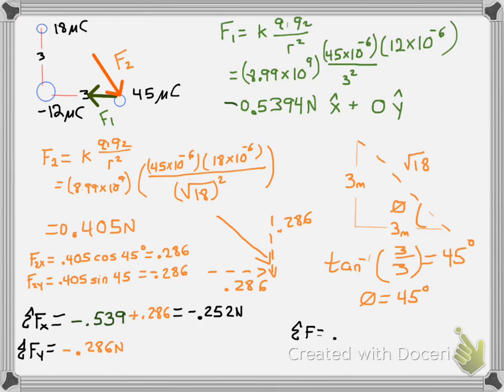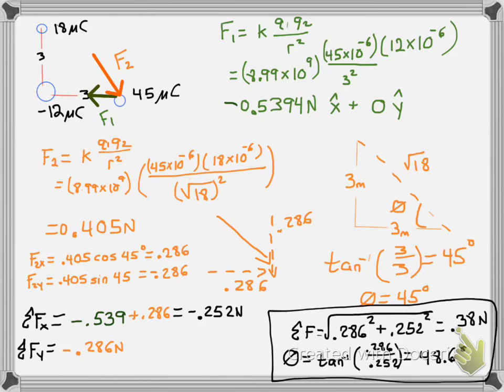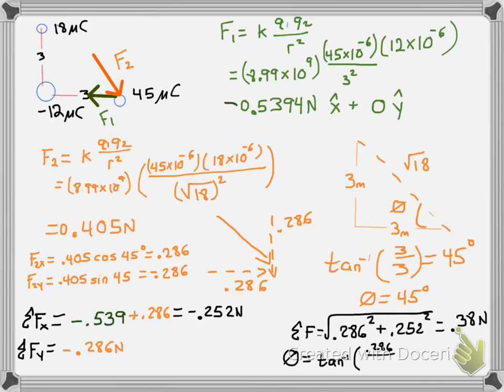And then to find the net force, we do the Pythagorean theorem, and that gives us 0.38. And then, a little backwards here, to find the angle, because we want to find the force and the angle, we take the tangent of the opposite, which is the y component, divided by the adjacent, which is the x, and then we get our angle, which ends up being 48.6 degrees or 49 degrees. And that's it.